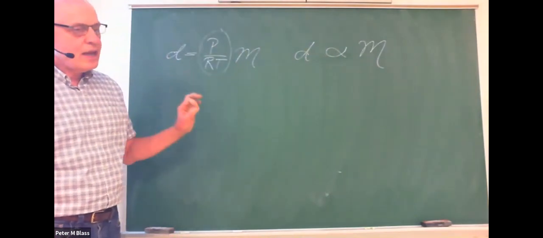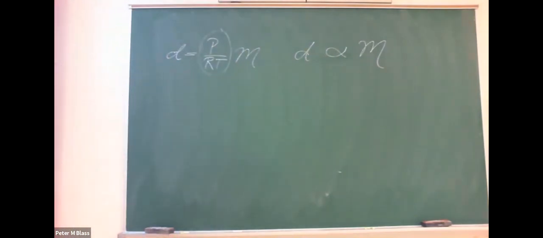If that's the case, then the ratio of the two densities in the two measurements that this person made ought to be equal to the ratio of the two molar masses.